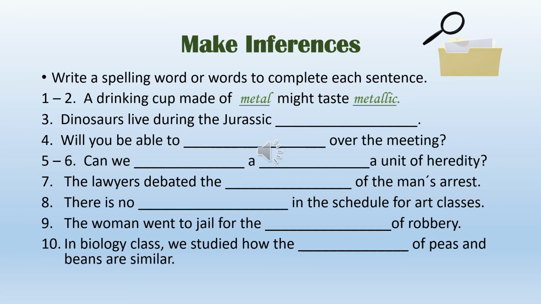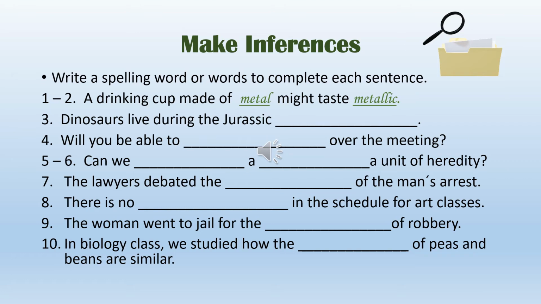Number 4. Would you be able to blank over the meeting? One more time. Would you be able to blank over the meeting? Go back to your spelling word list and find which one is the best answer for sentence number 4.